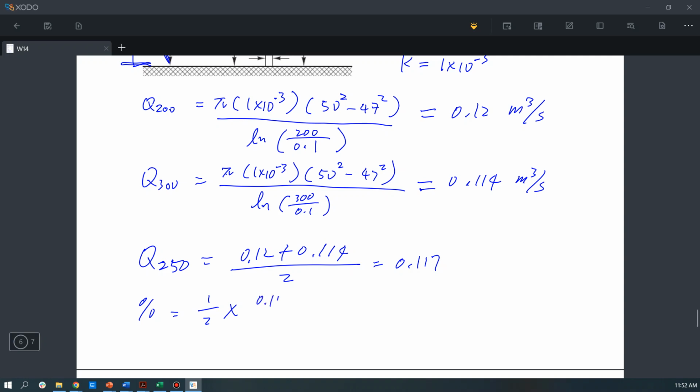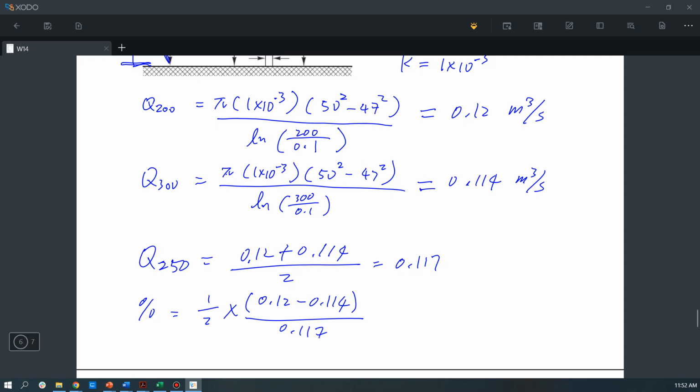1 divided by 2 times the difference between 0.114 and 0.12. That is the difference between these two, and we divide by this Q, 0.117.